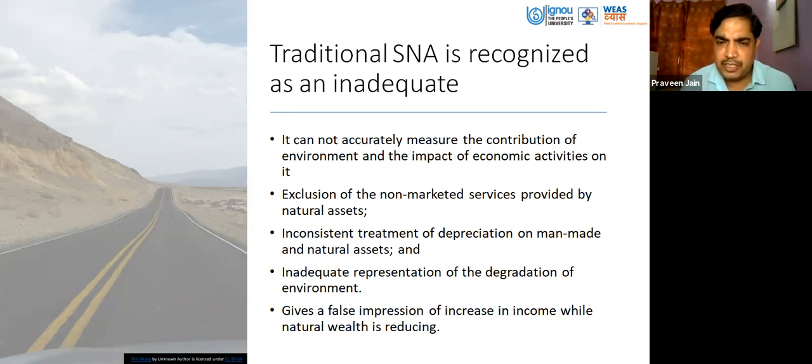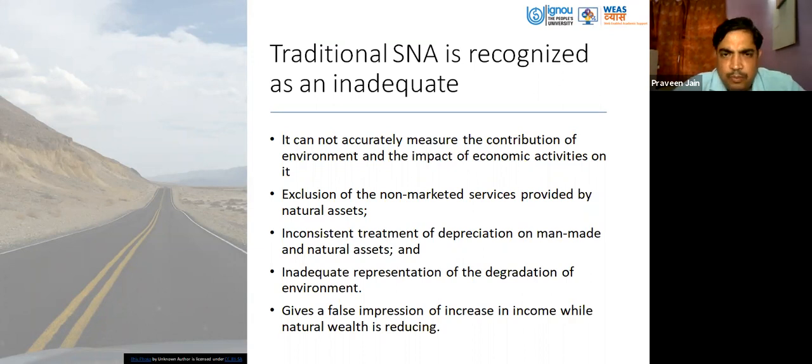There are different methods, so there are inconsistencies in the treatment of depreciation. Then there is inadequate representation of the degradation of the environment. There is no representation of environmental degradation in the traditional system of national accounting.